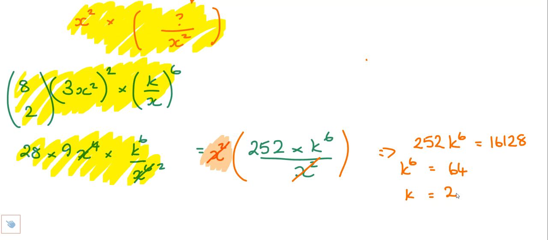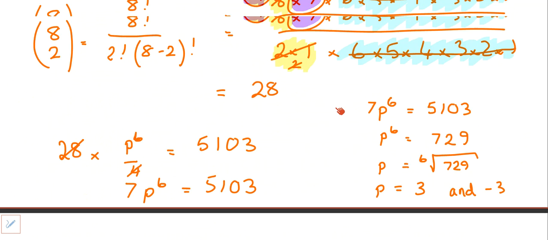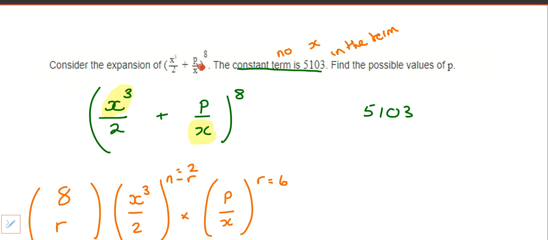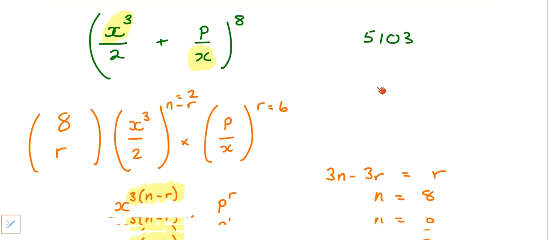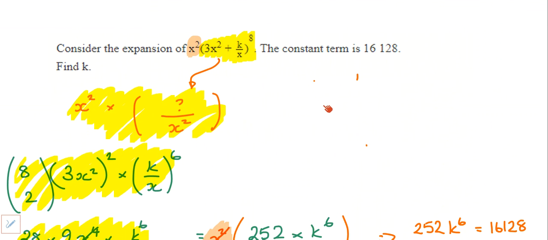Now I've got a question for you here. Why did they not ask for the 2 possible values of k? You can't have a negative on top of the fraction? Yes, you can. Because we've got plus k here, and this one was a division, plus p. This time, find the possible values. There's plus and minus there.